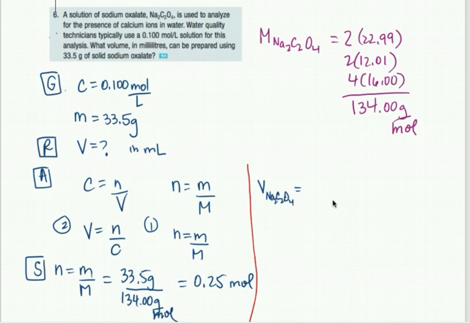So our mass is 33.5 grams. Okay, so in order to get from mass to moles, we need the molar mass. So we'll flip the molar mass here. So grams goes to the bottom so that it can cancel out.